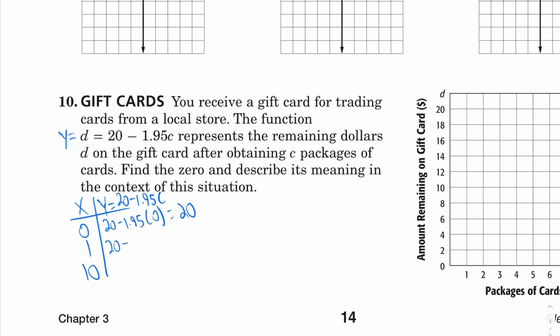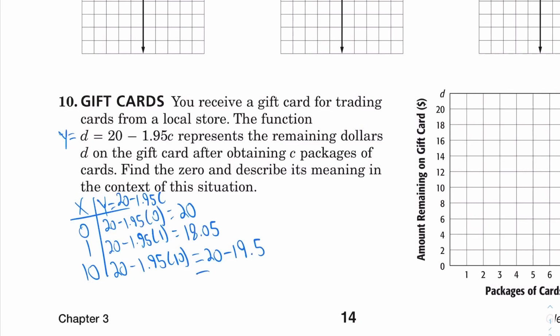20 minus 1.95 times 1 is 20 minus 1.95, which is 18.05. 20 minus 1.95 times 10. So this times 10 is going to move the decimal place 1 time, which we learned when we were doing scientific notation.